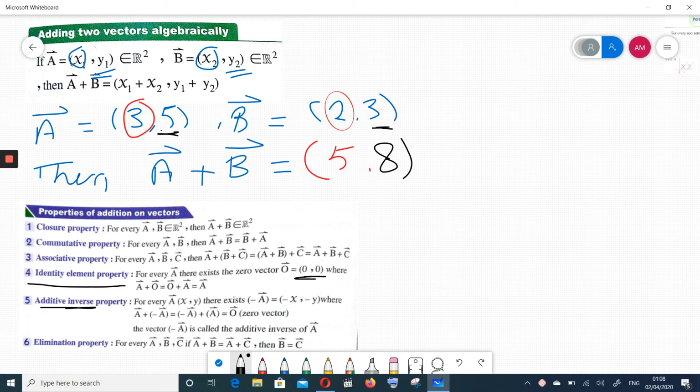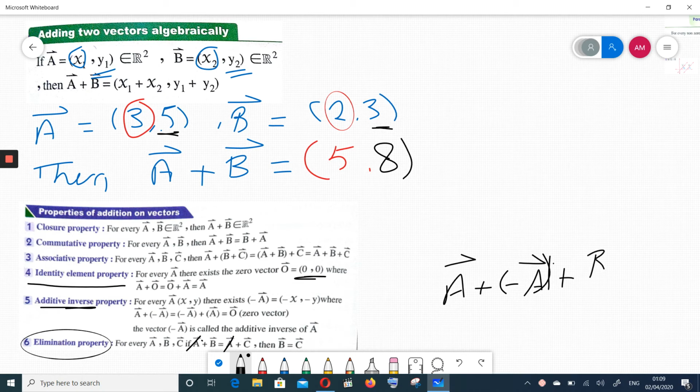Last one here, and this is a new one. Elimination property. If vector A plus vector B equals vector A plus vector C, by cancelling vector A and vector A from here and here, because vector A, if we take it to the other side, is going to be negative vector A. Vector A plus negative vector A plus vector B is going to be vector C. We take negative to the other side here.